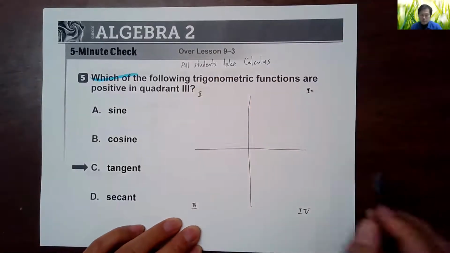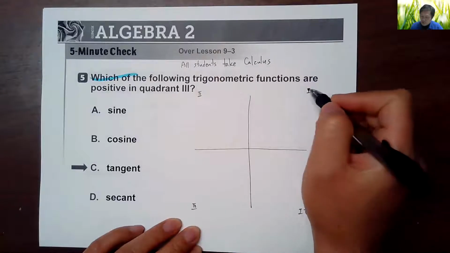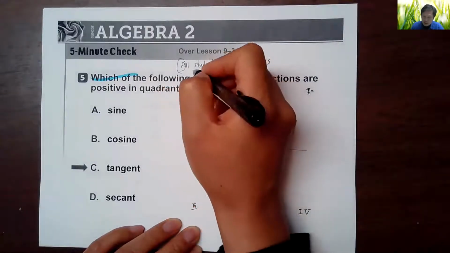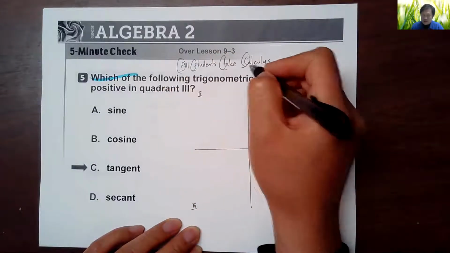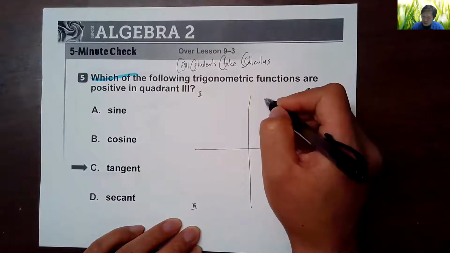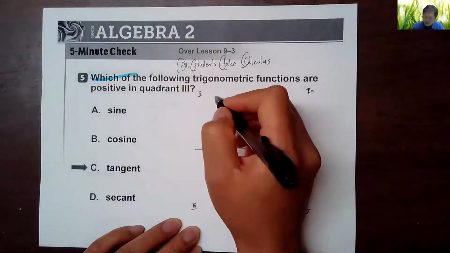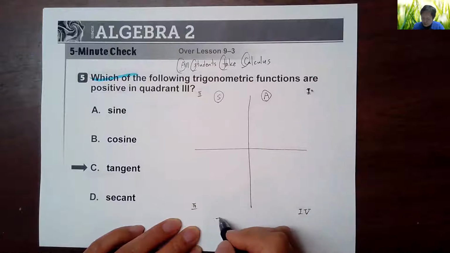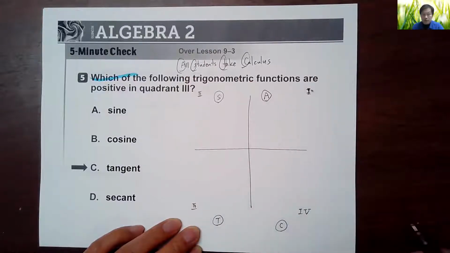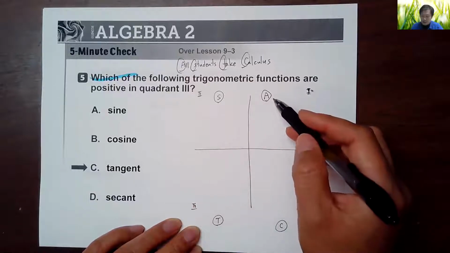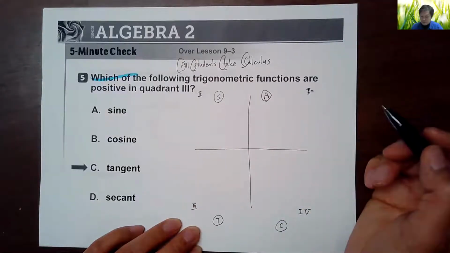So you say A, S, T, C. All students take calculus. What does All mean? All positive.